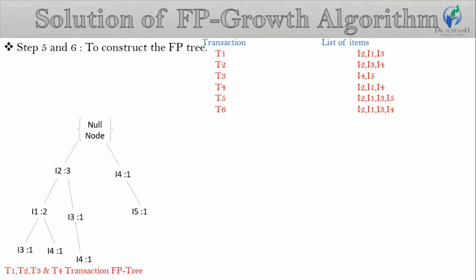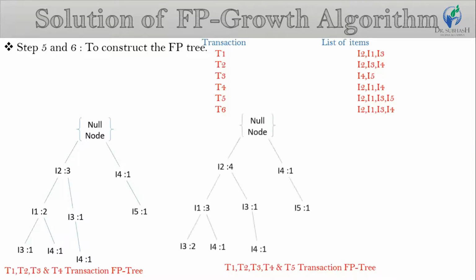Now, in the T5 transaction, or we can say the combination of T1, T2, T3, T4, and T5 transactions, that includes items I2, I1, I3, I5, where I2 is linked as a child to root.